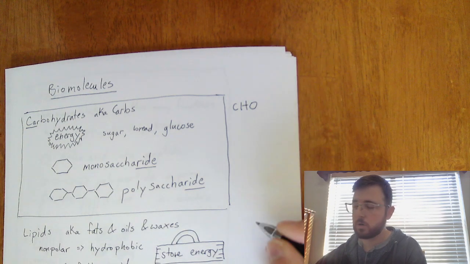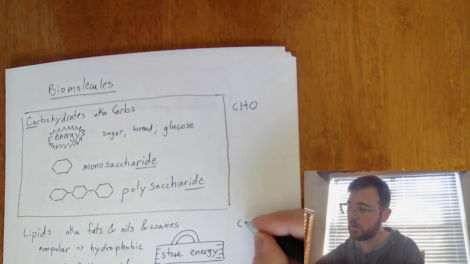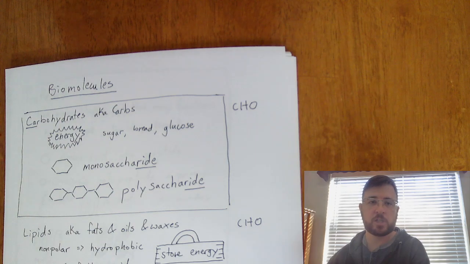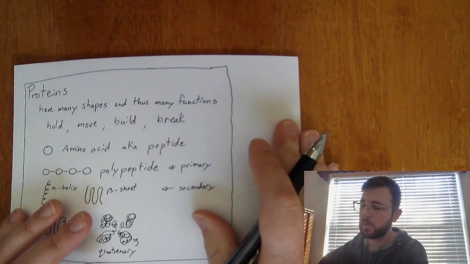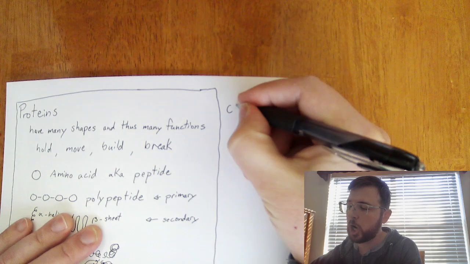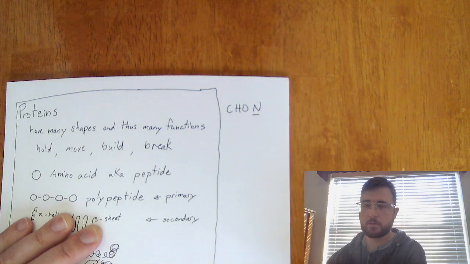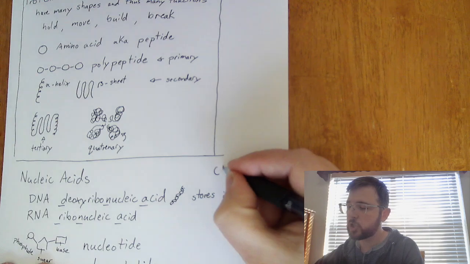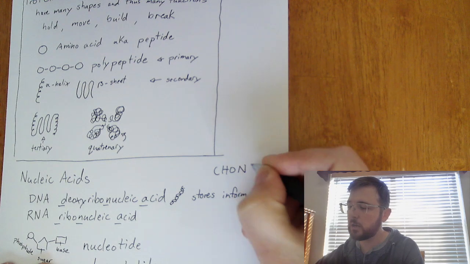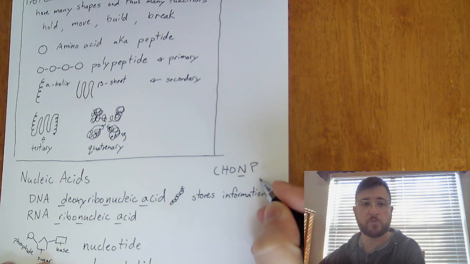CHO: carbon, hydrogen, oxygen, and lipids are also made of carbon, hydrogen, oxygen. They always have those three things. Proteins have CHON: carbon, hydrogen, oxygen, and nitrogen. And nucleic acids always have CHOMP with an N: carbon, hydrogen, oxygen, nitrogen, and phosphorus.